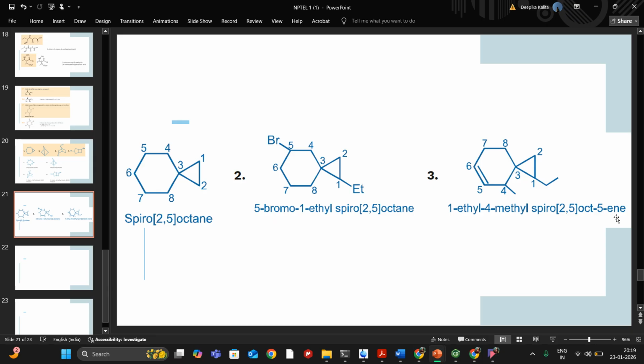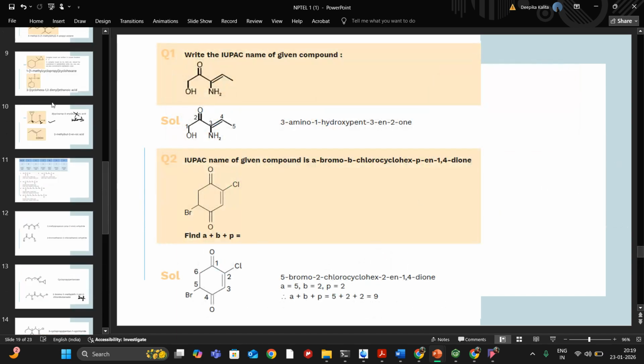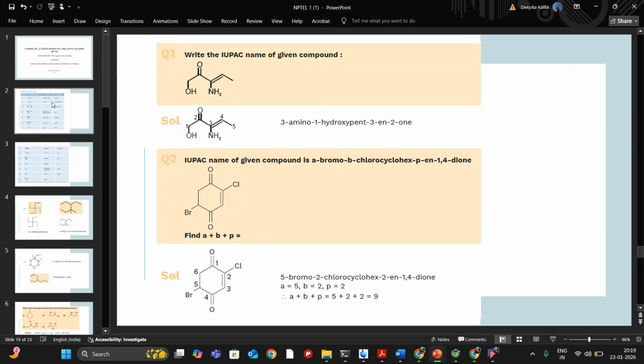With this we have solved various nomenclature problems on organic compounds, which was the topic of the week 1 lectures. I hope it was clear to you. Let us quickly go through all the questions as a revision, and you can also take screenshots if you want.